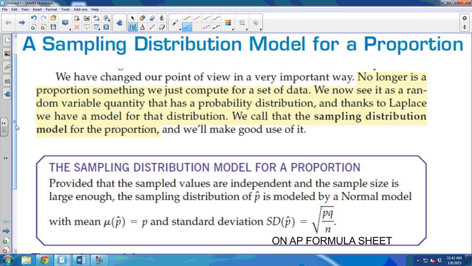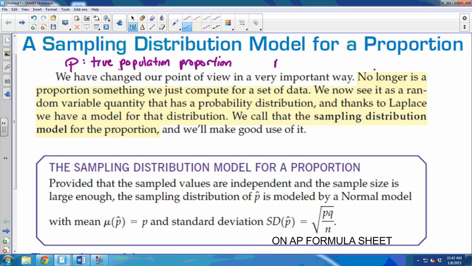The best part about the sampling distribution model for proportions is that you only need 2 numbers, and you can do everything you need to do. You need P, the true population proportion, so not what you came up with in your sample, but the actual population proportion.